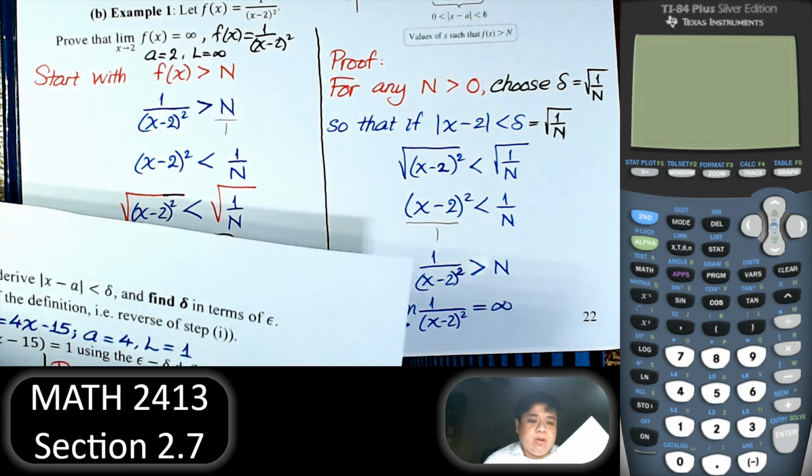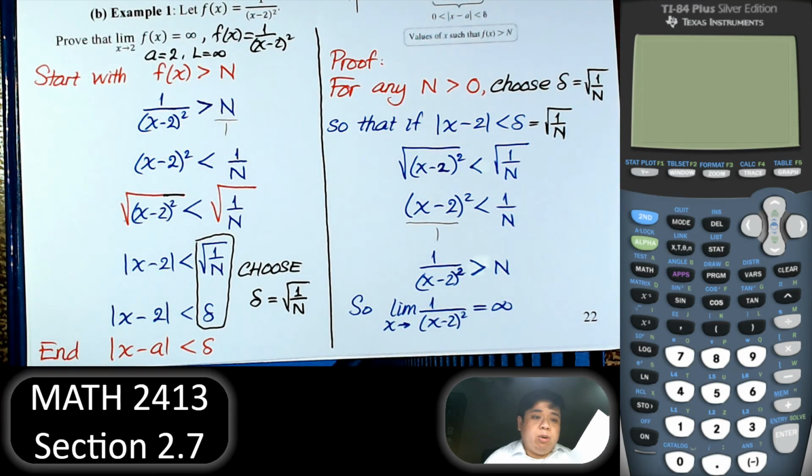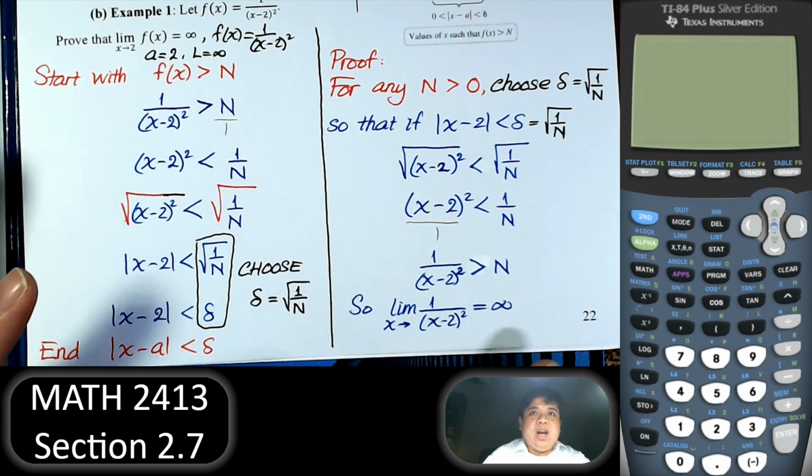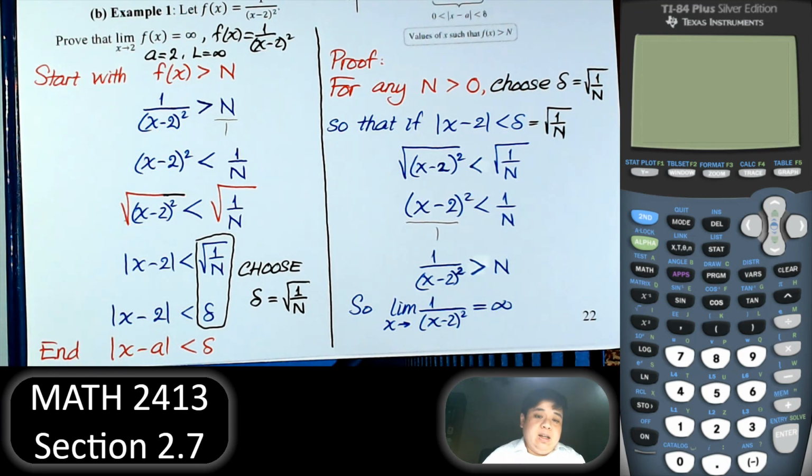Conceptually, this is very important in theory, but in terms of finding limits, certainly we do not find limits by doing this. We're doing this to show that the limit is indeed equal to some certain value. So this is the precise way to prove the limit of a function equals something, not how you find the limit of some function.